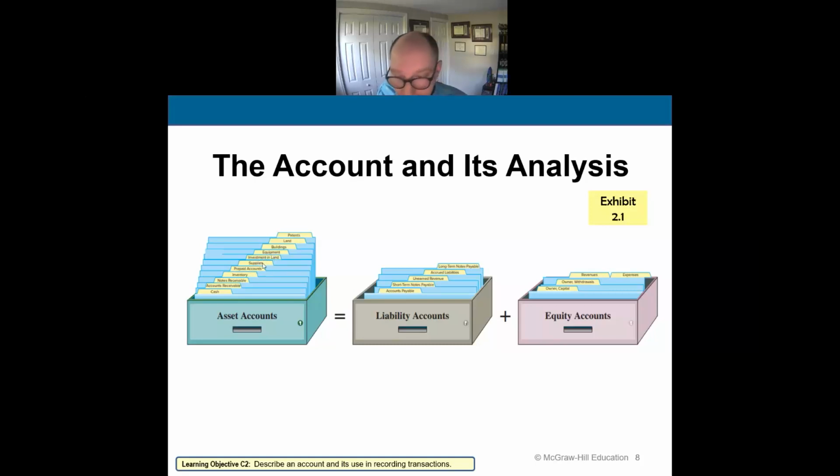Supplies, that's like office supplies, like a computer or office furniture, a large ticket item that is used to generate revenue. That's the kind of supplies they're talking about. Land, equipment, buildings. Those are all assets, right?